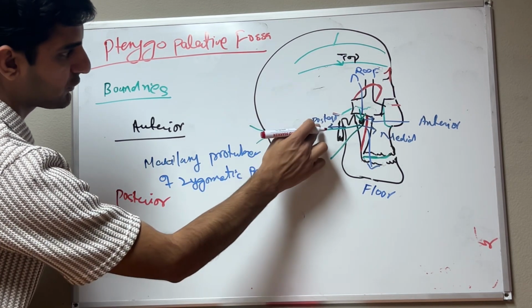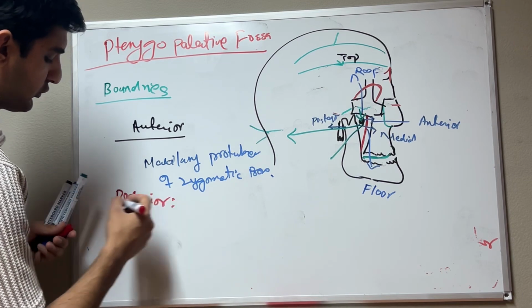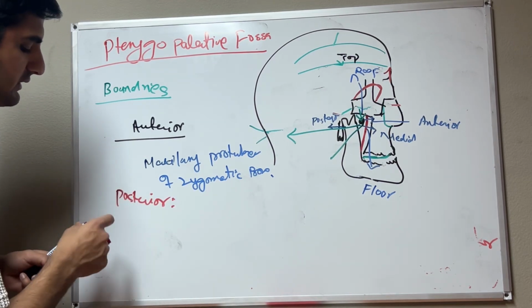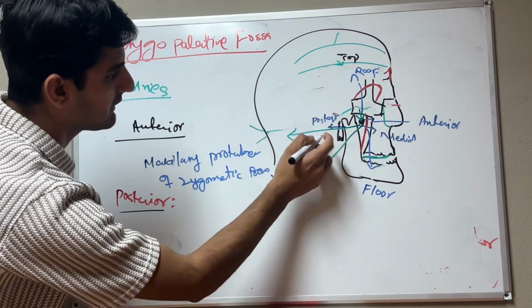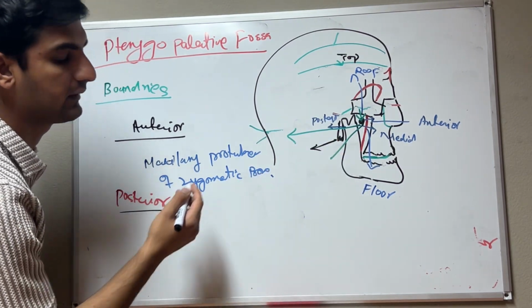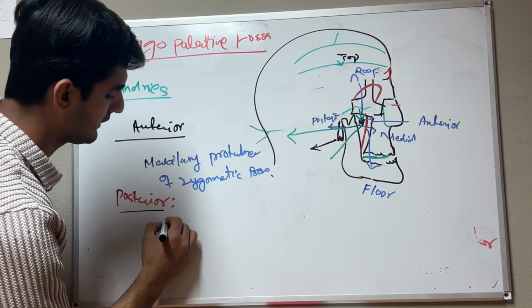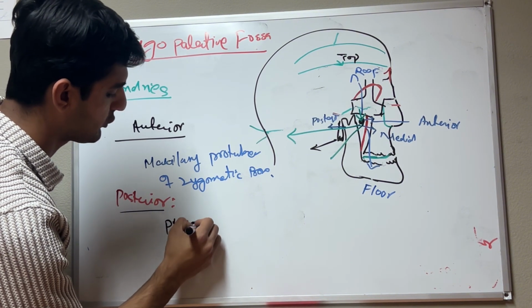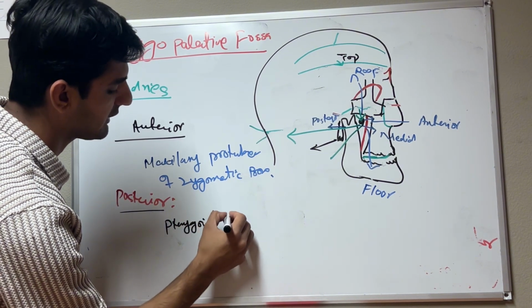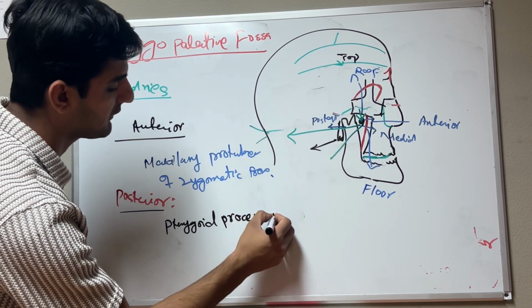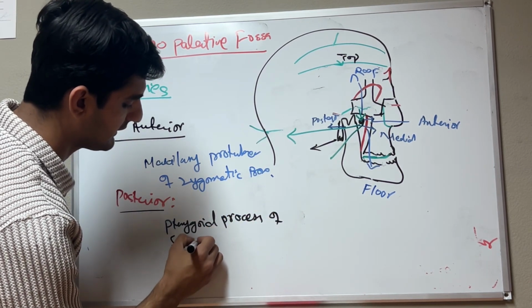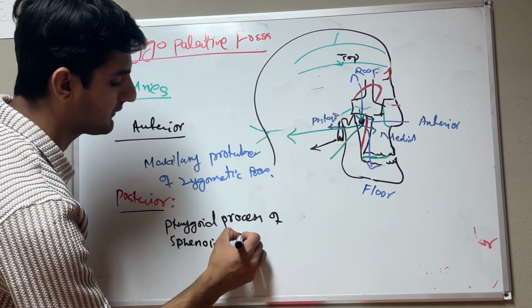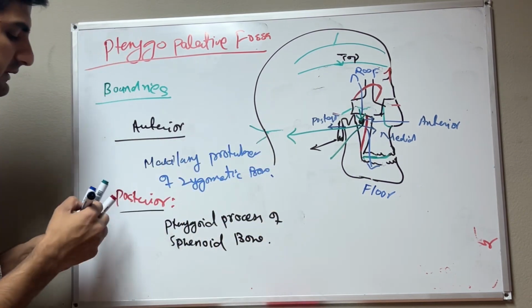This is the posterior of the pterygopalatine fossa. Posterior we have the pterygoid process, or processus pterygoidus, of the sphenoid bone, or os sphenoidale.